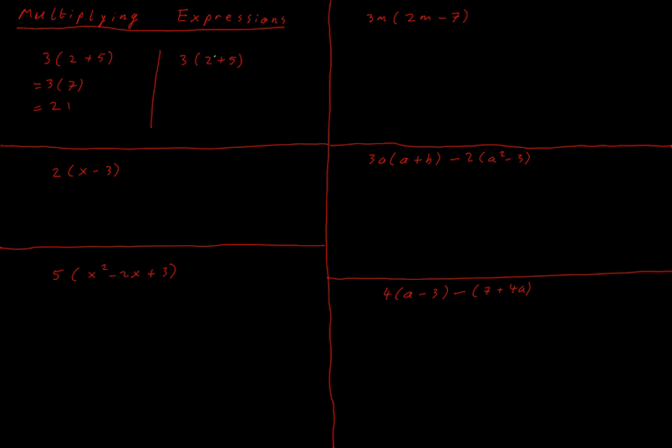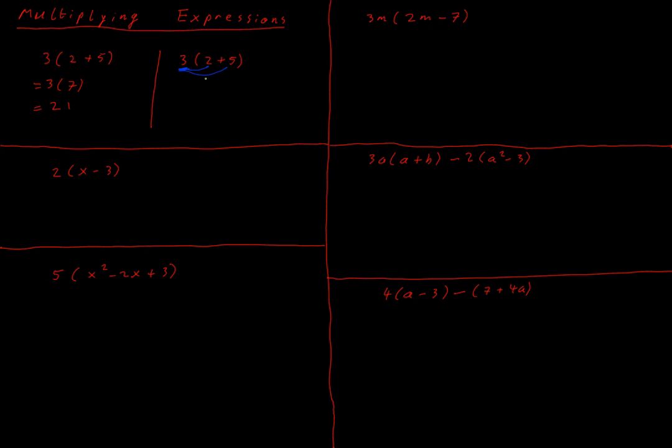Now, we should always follow BIMDAS where we can, but I'm going to show you something that will work separate from BIMDAS. So instead of simplifying our bracket first, we're going to do our multiply first. And the way we're going to do it is the number outside of our bracket, the 3, is going to get multiplied by each thing inside the bracket.